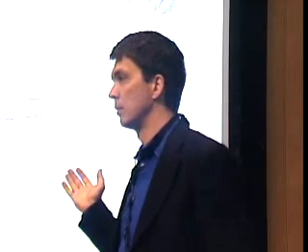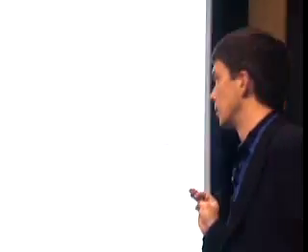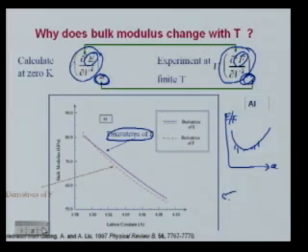You've measured it. And what I'm saying is, if you have that information, there is no need to do a temperature-dependent simulation. You just take the curvature at that lattice parameter, and you're done. So the physics here that drives the temperature dependence of the bulk modulus is the thermal expansion.